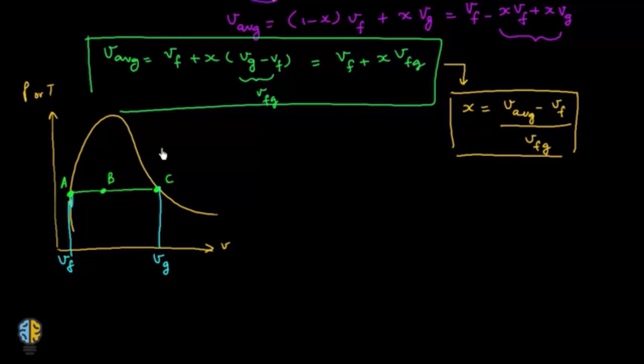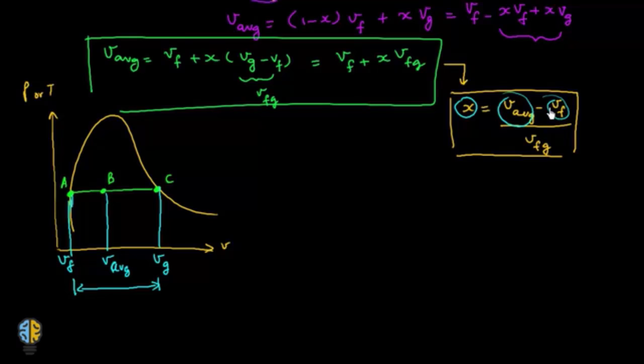Let us say when you combine both of them, you get something which is not Vfg but V average. Vfg is this, the difference between the gas vapor volume and the liquid volume. So this is V average. Alright, now to find out the value of X, I need to subtract Vf from V average.